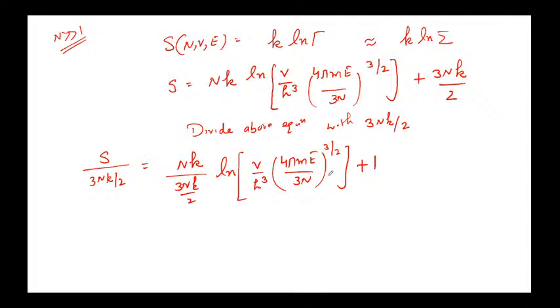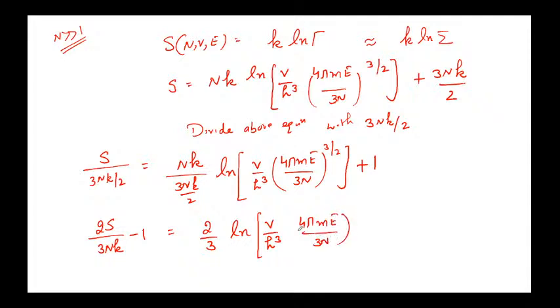This plus 1, if we move to the left hand side, becomes 2S over 3nk minus 1, which equals 2 by 3 log of V over h cubed, 4 pi m E over 3n to the power 3 by 2.